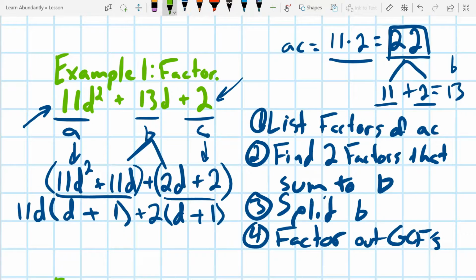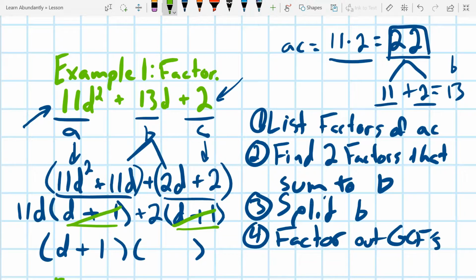I got great news because these two now match, D plus 1 and D plus 1. And they're in parentheses and everything. So that means I have half of my answer. Remember, when we're factoring, we get parentheses times parentheses. So my first parentheses, I'm just going to pull out the D plus 1, which is what we see in both of them.